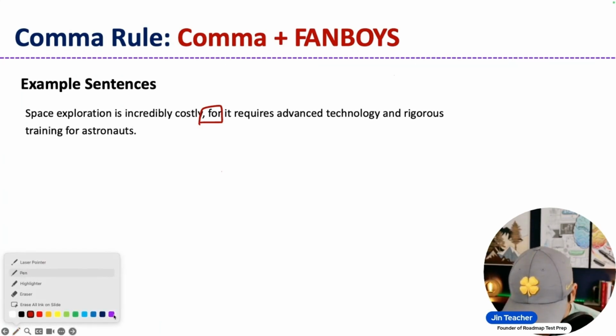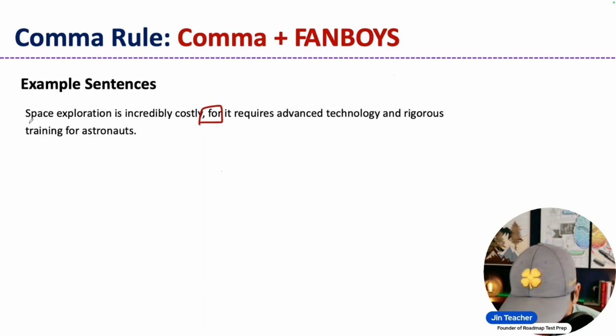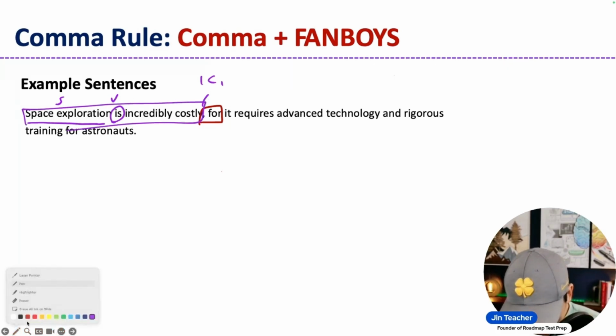So space exploration is my subject, is my verb. Space exploration is incredibly costly. This is where the complete thought finishes. This is where I have independent clause number one, okay? Then I also have another independent clause here.